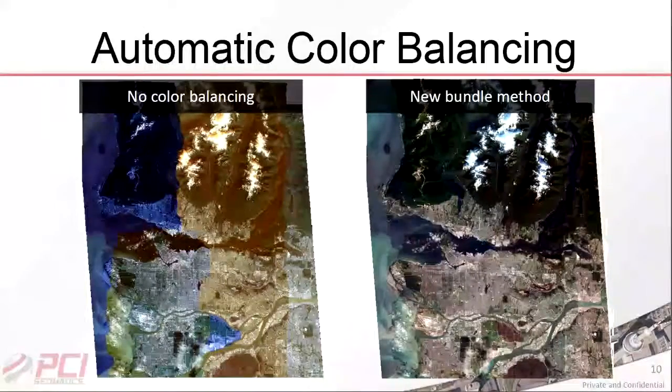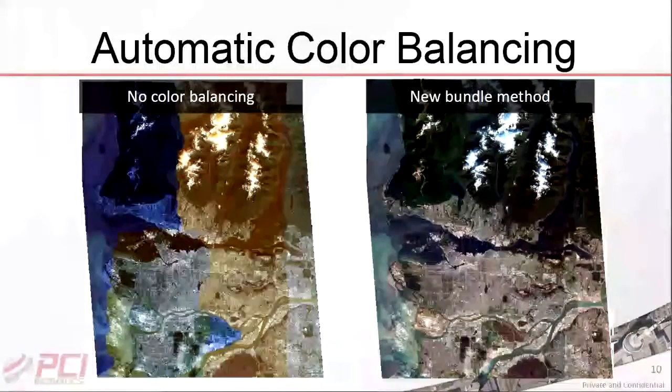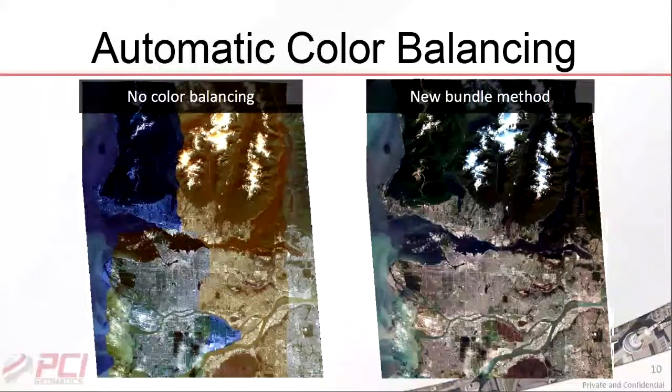So taking a look at the first new automatic method, the automatic color balancing, the new algorithm has significant advantages of treating each edge, cut line, between images separately. Where the previous algorithms would provide a single set of coefficients to adjust an entire image, which means that the brightness, contrast, and hue were adjusted for the image as a whole, the new method, shown at right, uses a set of multiple coefficients to adjust individual images.